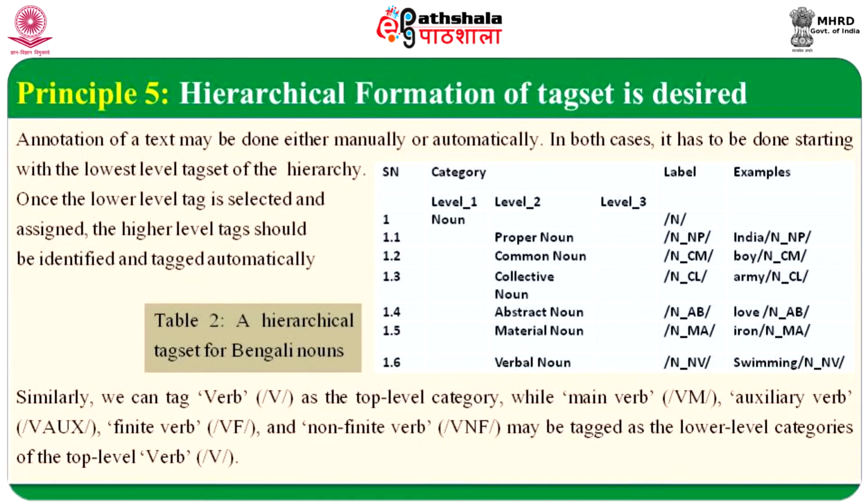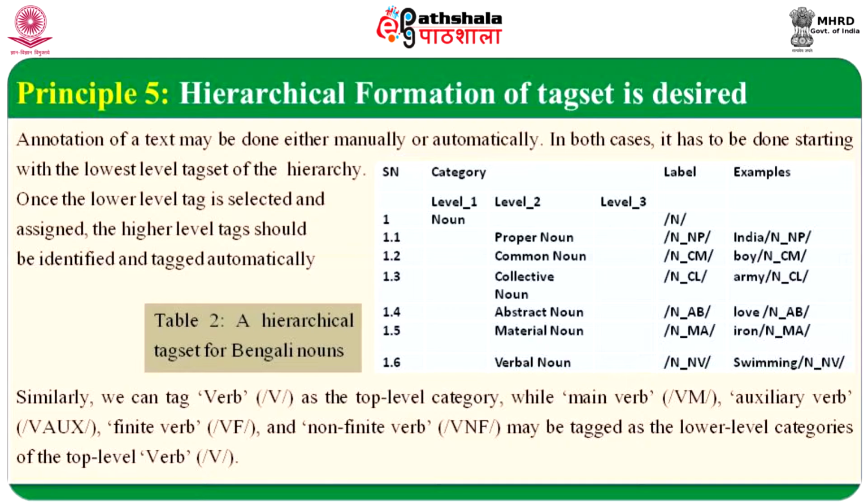Principle 5. Hierarchical formation of text is desired. The annotation of a text may be done either manually or automatically. In both cases, it has to be done starting with the lowest level tag set of the hierarchy.